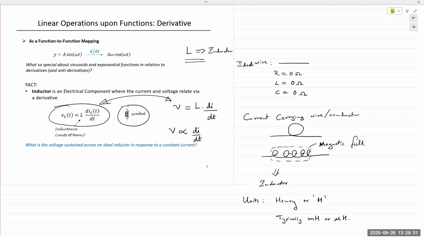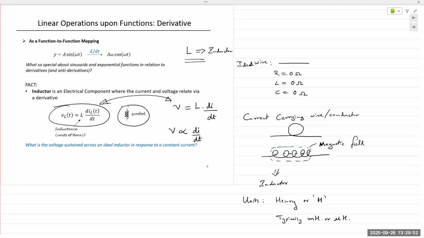So anytime current flows through an inductor, voltage is established across the terminals. That voltage is directly proportional to the rate of change of that current. Anytime the input current changes, the voltage would change.